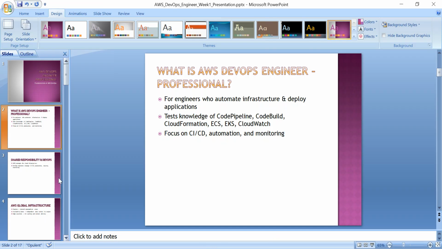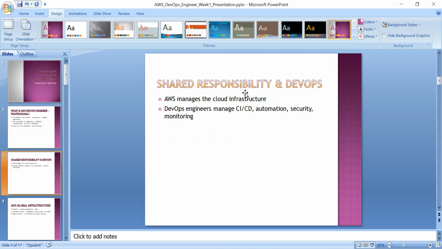So what are the shared responsibilities of DevOps? AWS manages the cloud infrastructure, while the DevOps engineer mostly manages CI/CD pipelines, automation, and security monitoring.